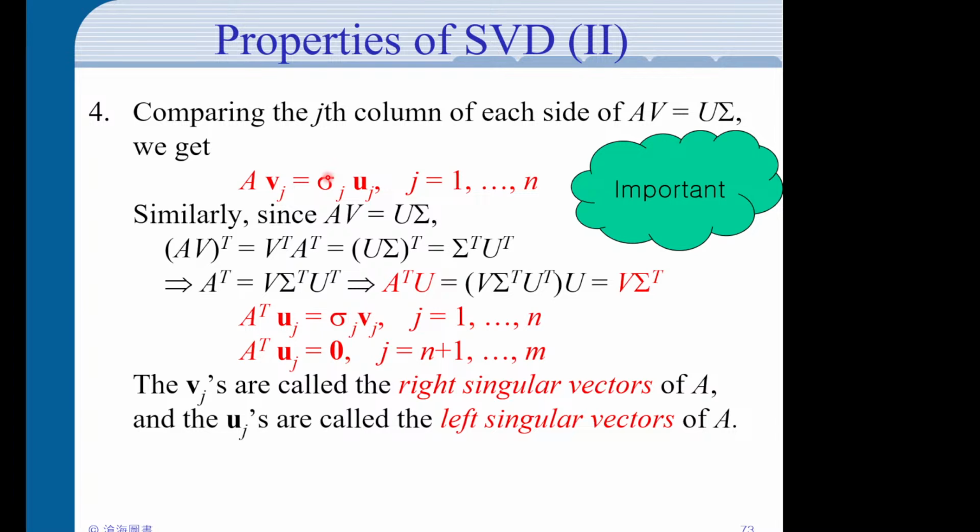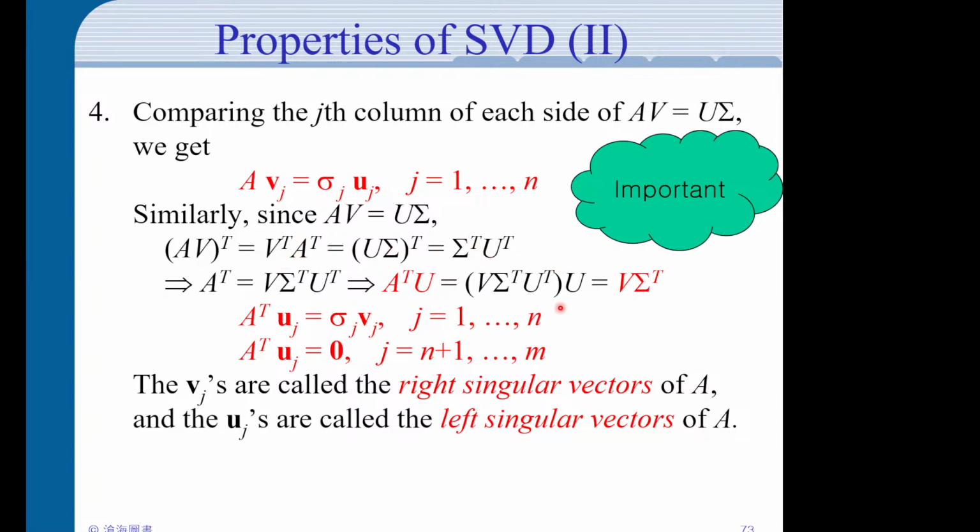We can also take this equation and take a transpose. So A V transposed is V^T A^T, equal to U Sigma^T, and you multiply V on both sides.